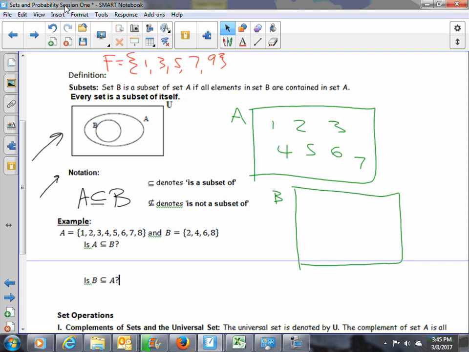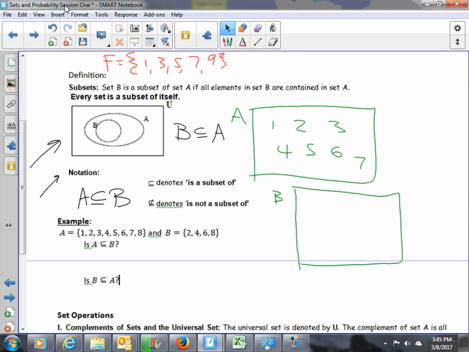The relationship B is a subset of A is illustrated by this Venn diagram, because if anything is inside circle B, then it's automatically inside circle A, because circle B is entirely contained in the interior of circle A. And we would write that in this way: B is a subset of A.